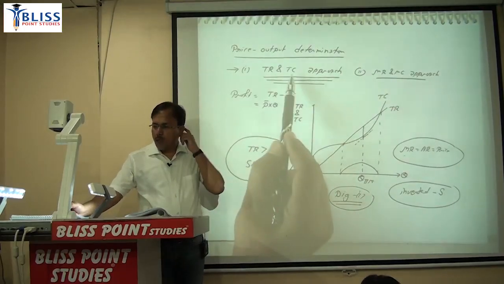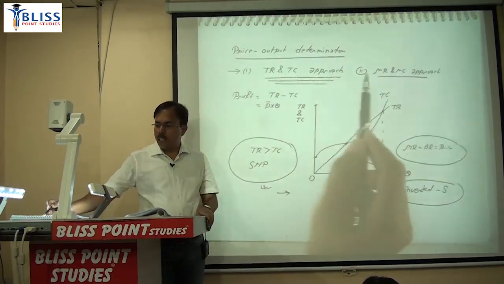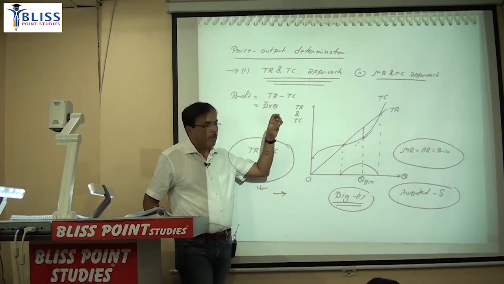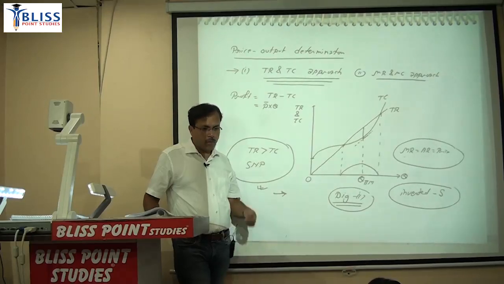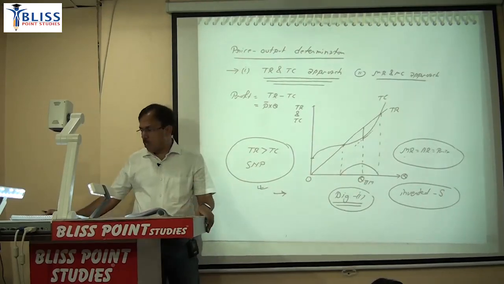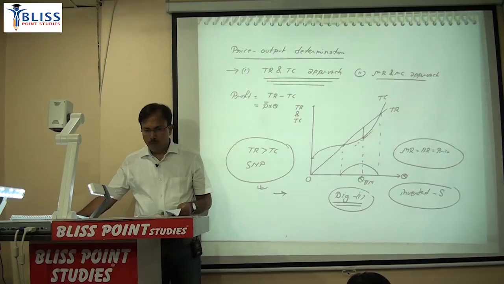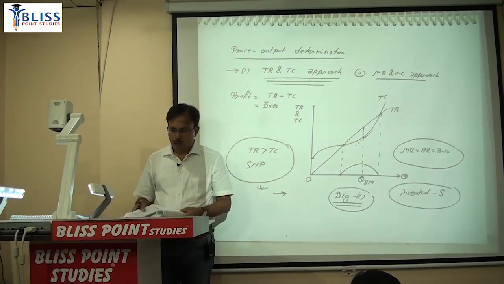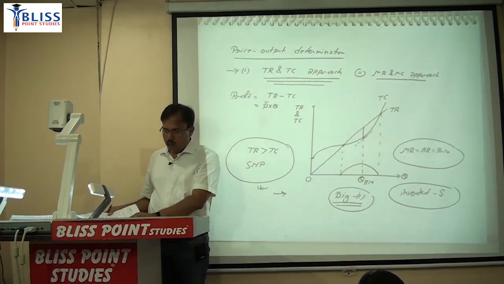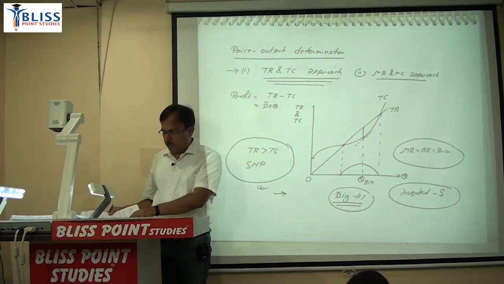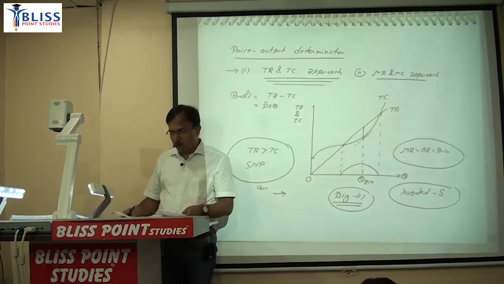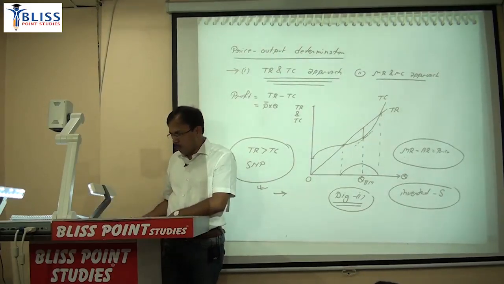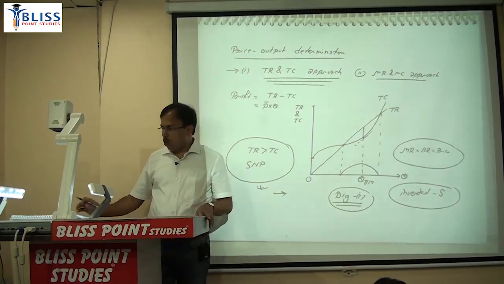So this was the total revenue, total cost approach for you. The alternate approach is what? The MR and MC approach. So in your register just make that subheading, MR and MC approach, second approach. The alternative approach is based on MR and MC.